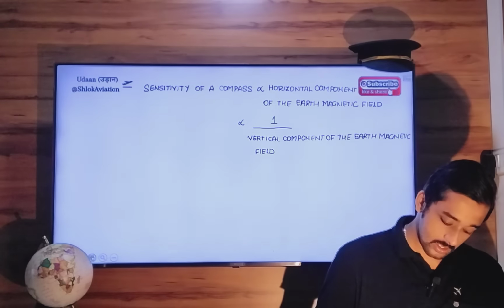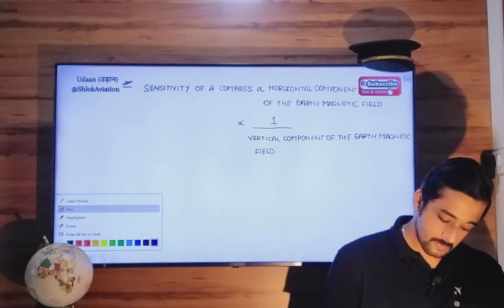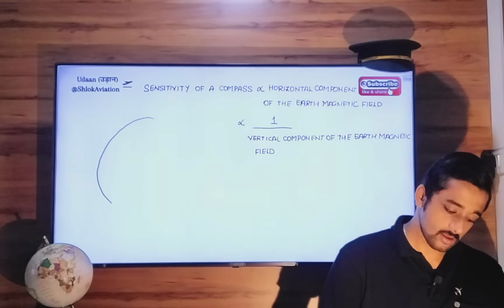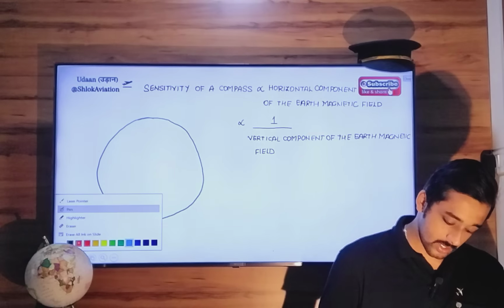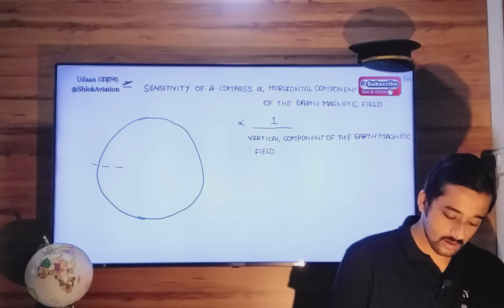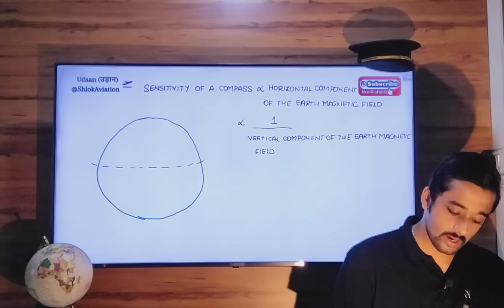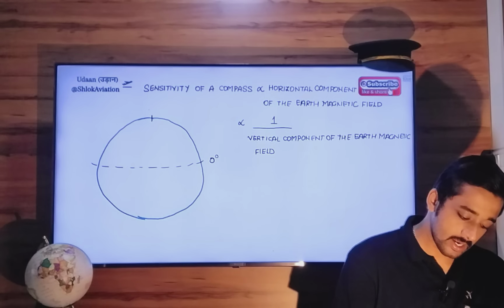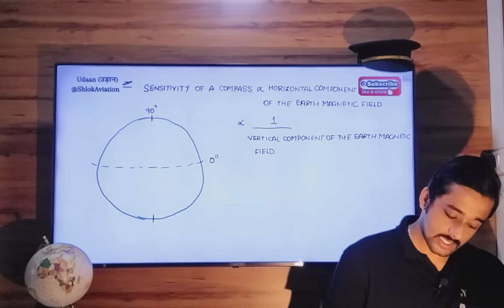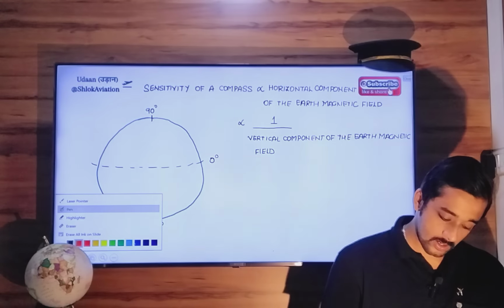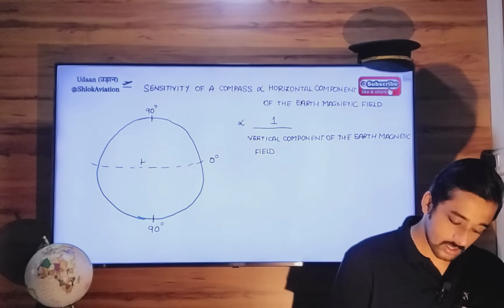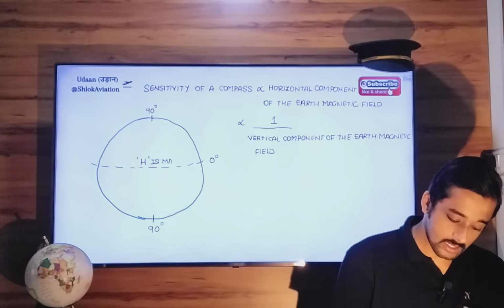Now on the earth, remember, let's say consider this is your earth. Here is your equator, 0 degree equator. Here is your 90-degree north pole, 90 degrees south pole. At the equator, the horizontal component H of the earth magnetic field is maximum.